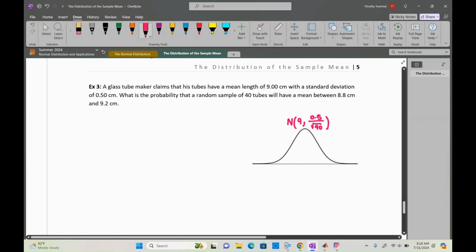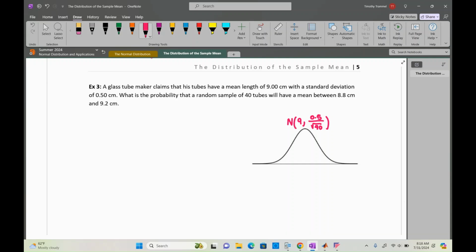But I will admit, I jumped the gun here a little bit. The fact that I've already written in that this is normal means I have not done the thinking process that I should have done so far.